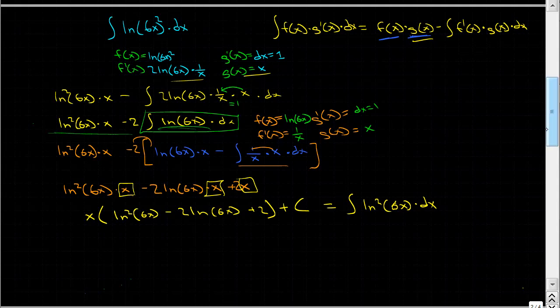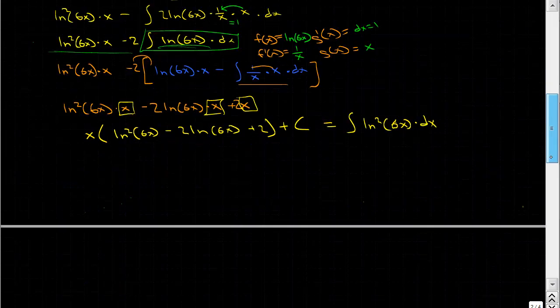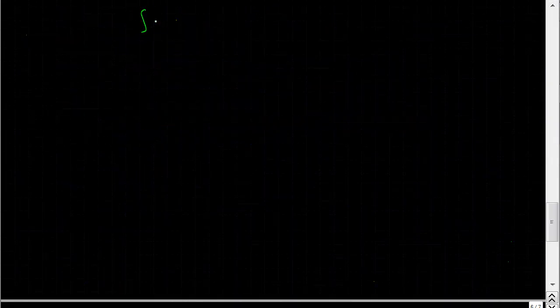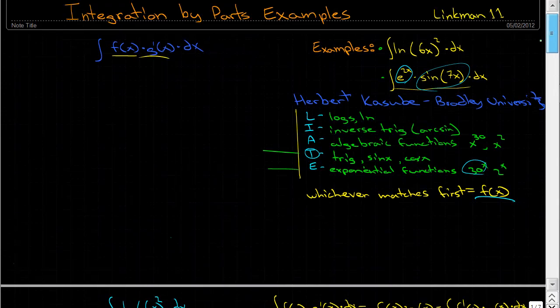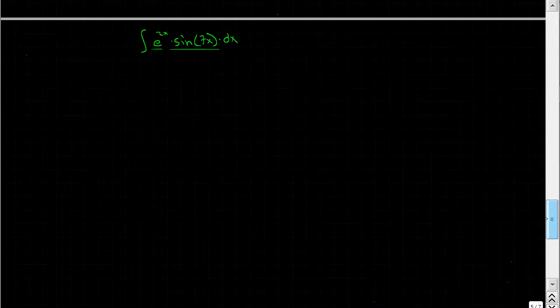Now, the other example I wanted to do, we have the integral of e to the 2x times sine 7x dx. Using the LIATE method, I can see that the trig functions are higher up than the exponential functions, therefore whichever matches first is f of x. So our trig function is going to be f of x.